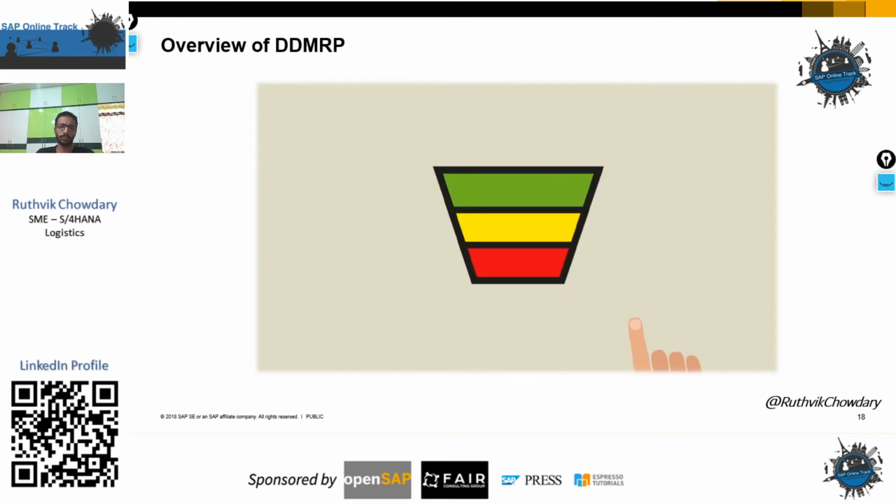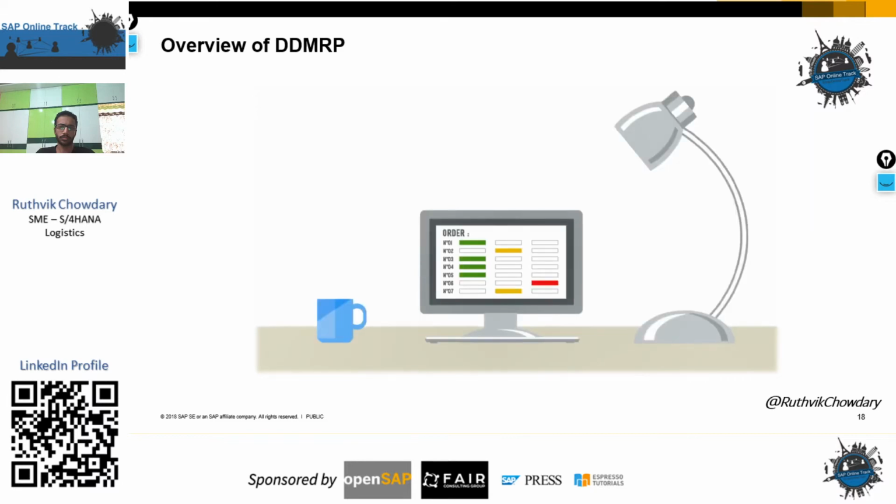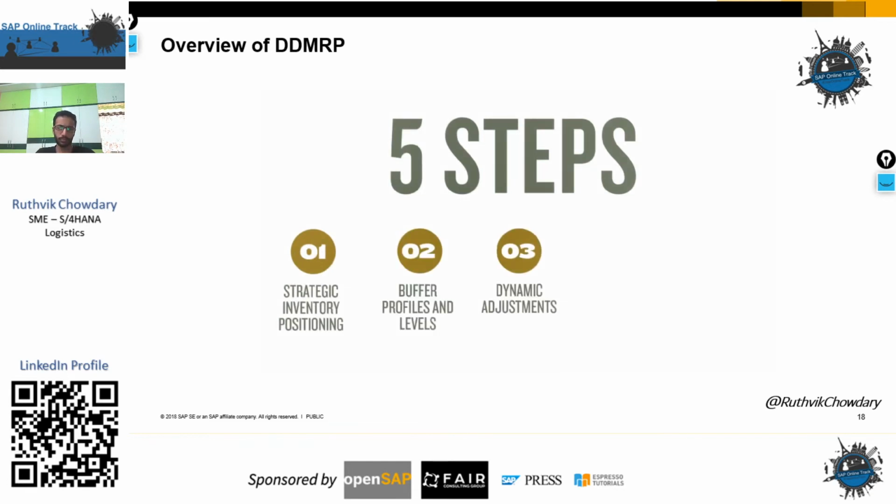With DDMRP, you readjust your buffer dimensions daily. You put in place a very simple rule to manage your buffer. On-hand inventory plus open supply minus qualified sales orders equals the available stock level of your buffer. Easily understood by all, everyone has the same vision of the priorities. It's a complete planning and execution methodology in 5 steps: strategic inventory positioning, buffer profiles and levels, dynamic adjustments, demand-driven planning, and visible and collaborative execution.